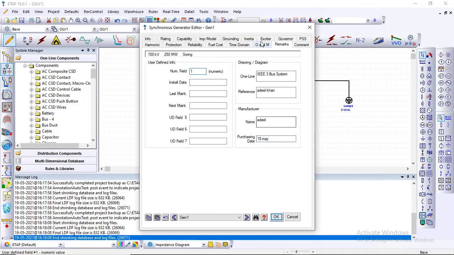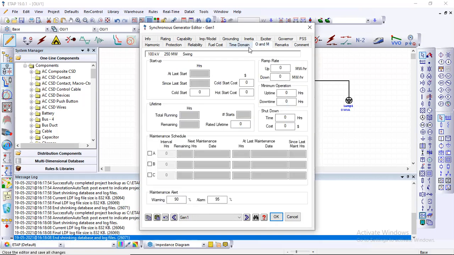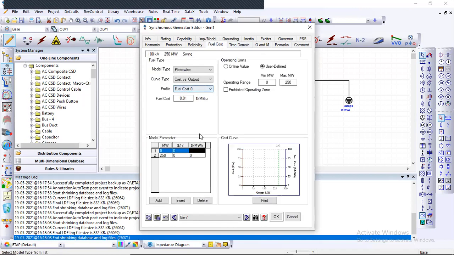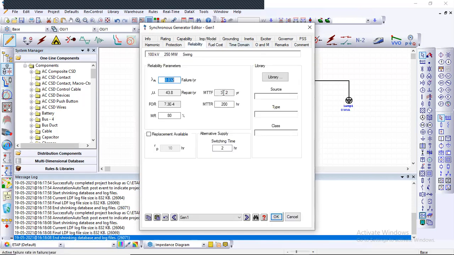Particularly there are O and M aspects, time domain aspects, fuel cost, and the cost analysis can be filled in at this level, and the graph between the cost and output in megawatt would be adjusted in the generator option. Further reliability aspects related to lambda and mu you can place at this level.